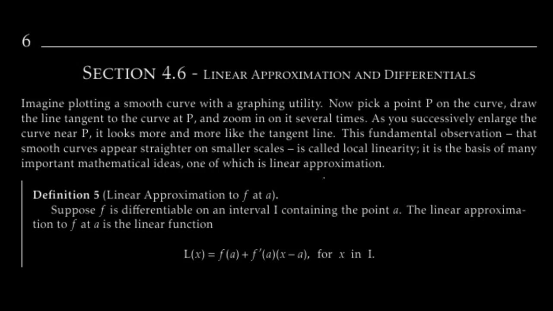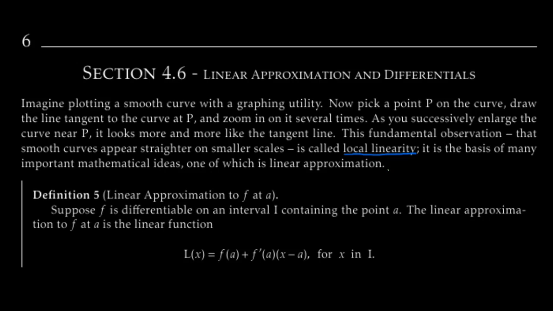So this idea, which we can, conveniently or maybe pretentiously describe as local linearity, the idea that if you zoom in very close and you look at a curvy line, it looks like a straight line if that curvy line is sufficiently nice. This is the basis of a lot of important mathematical techniques.